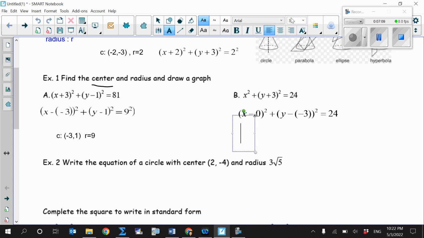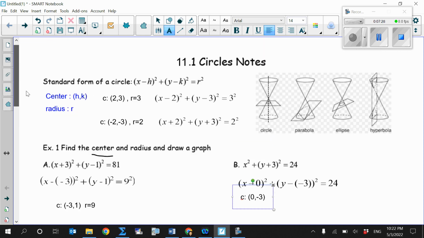Okay, so the center is 0 and negative 3. Now, what is the radius of this circle? As you see, we have 24 on the right side, and that's basically r squared.